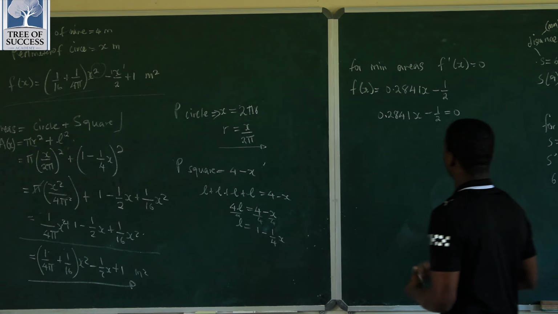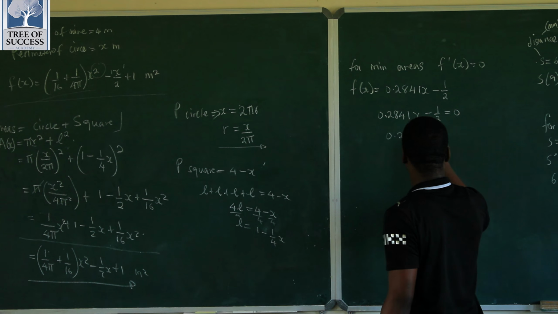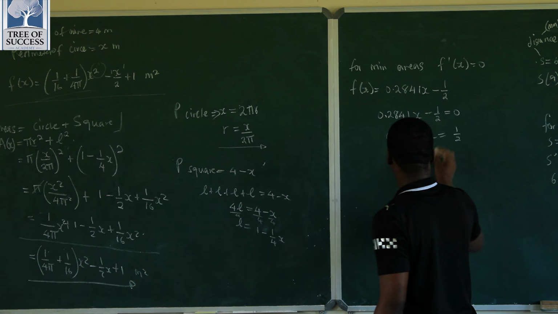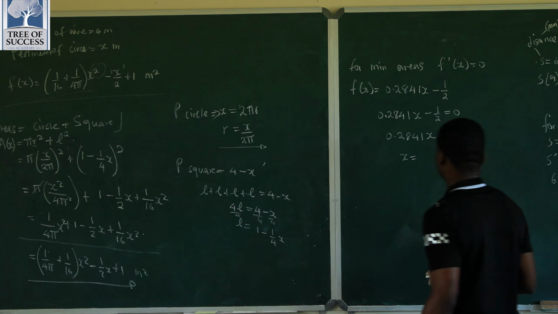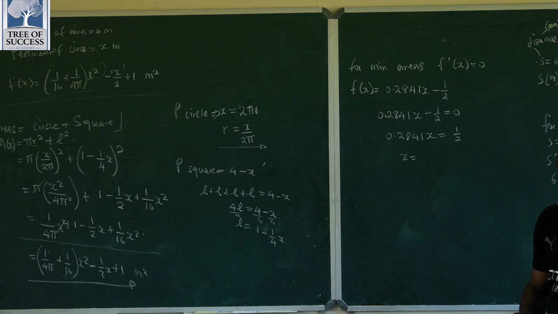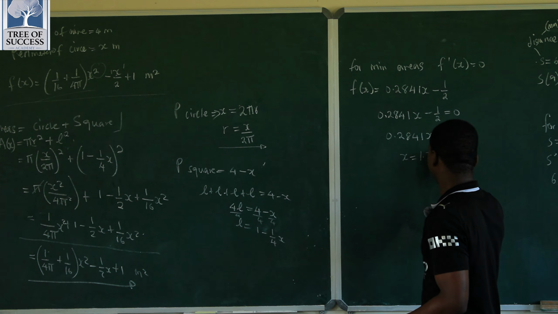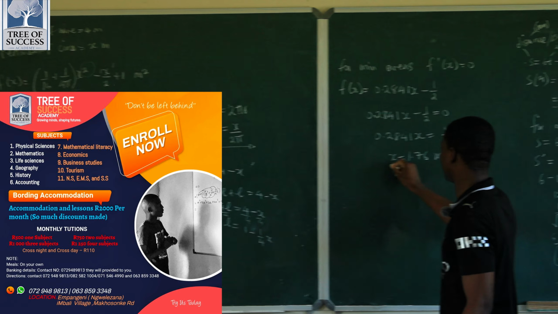So you transpose the half, so you know 0.2841x equals 1 over 2. Then divide both sides by that number. What is the value of x? It's 1.76. Meters.